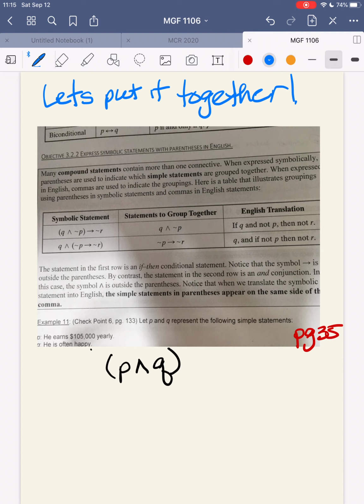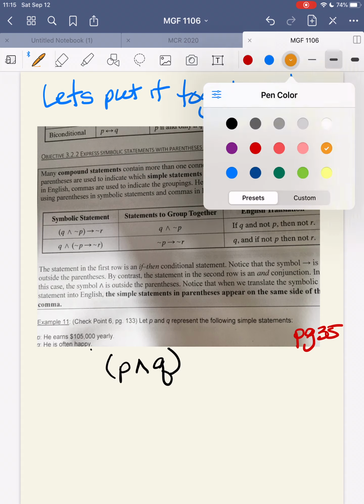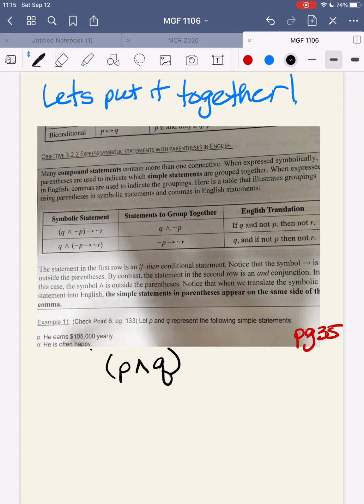Now symbolically, when we put things in grouping in statements, we know that those things are going to be together. Sorry, I left something off. When we're looking at the symbolic statements, we usually have a comma.